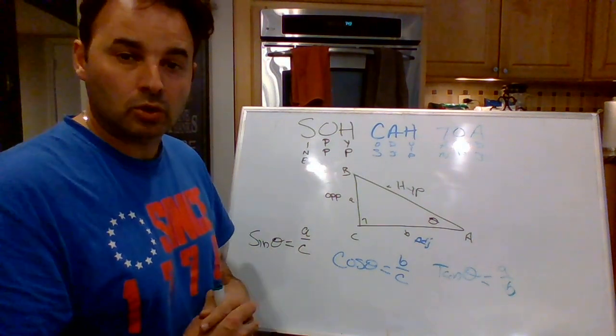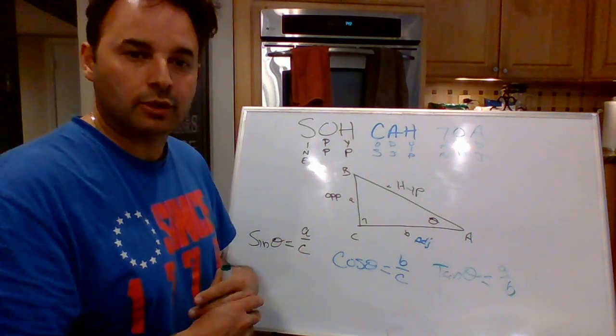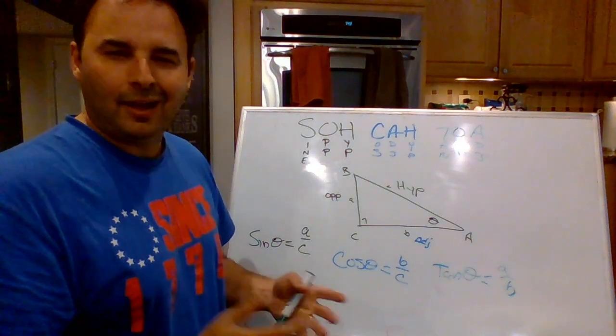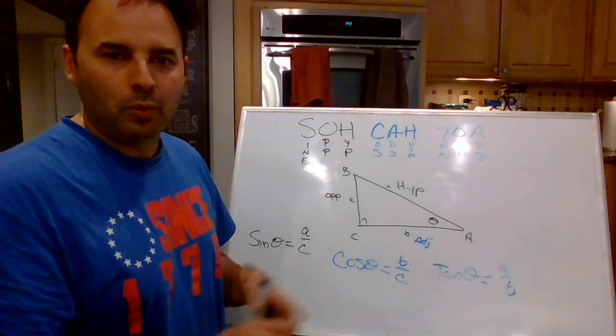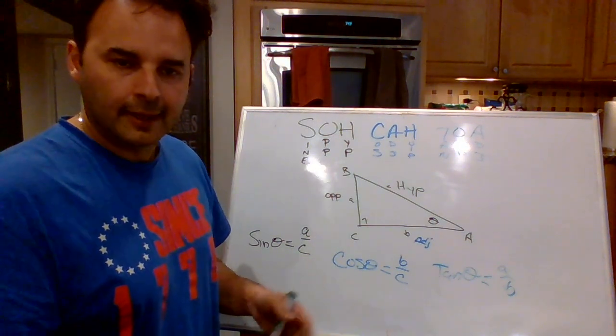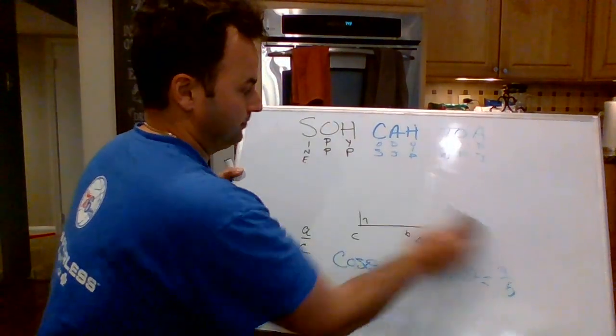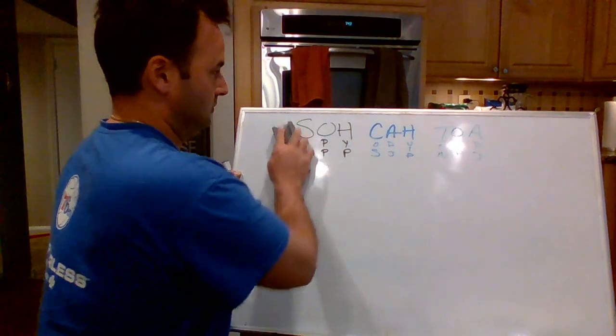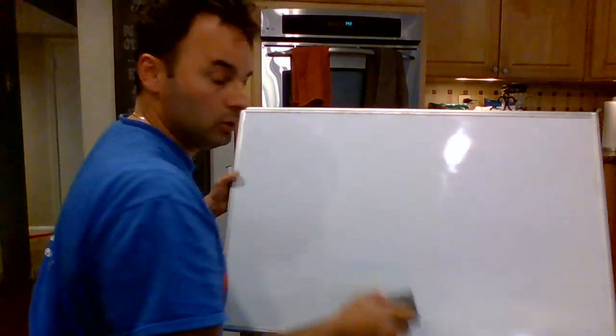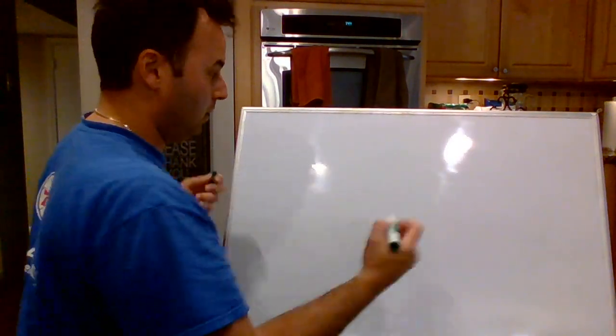This is just a basic intro lesson on trigonometric functions. I don't think it's all that difficult. Play around with it, make some random triangles. I can give you one here to try on your own. Or go into your notes packet and try that as well.